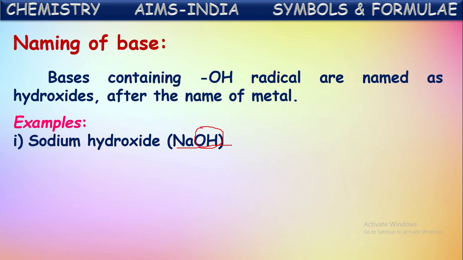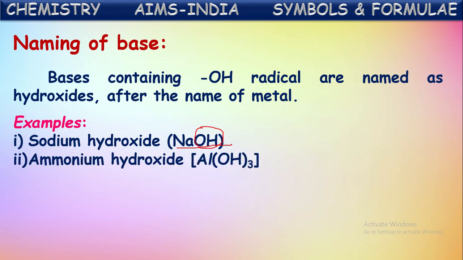Now it becomes sodium hydroxide. Okay. If we say aluminium hydroxide, in this also there is a hydroxide radical. The OH radical is there. It is named hydroxide at the end of the aluminium metal's name. So it is pronounced as aluminium hydroxide.